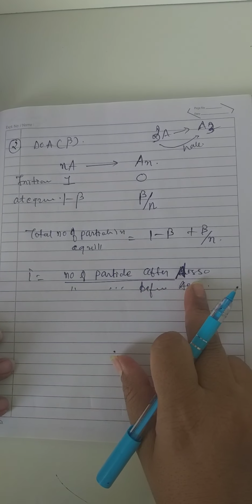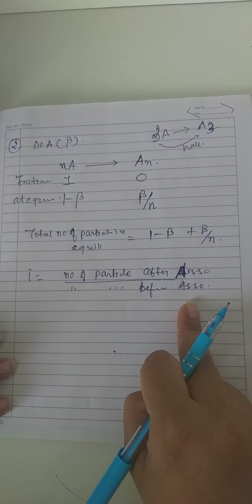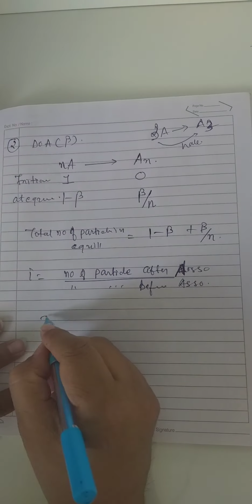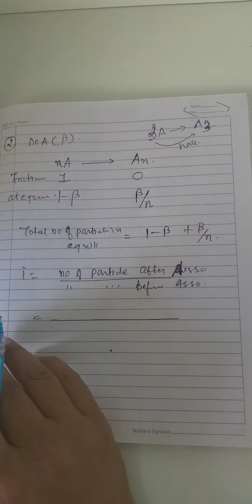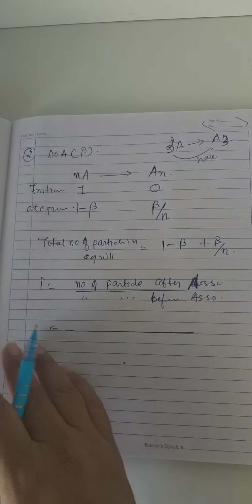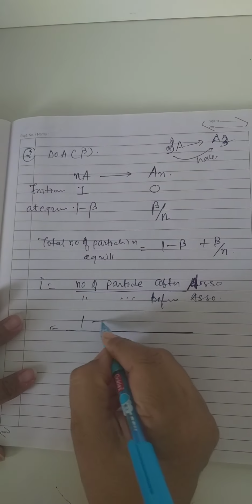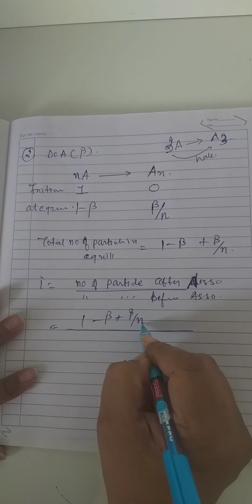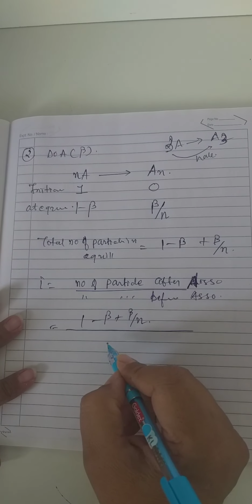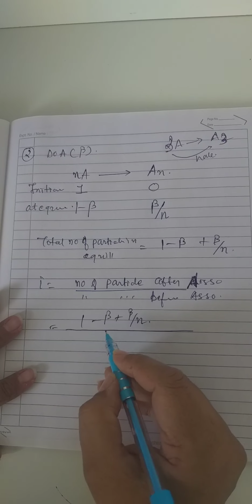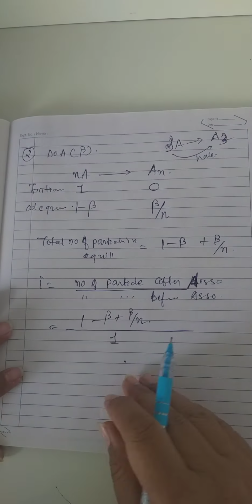The number of particles after association is 1 minus beta plus beta upon n, and the number of particles before association is 1.